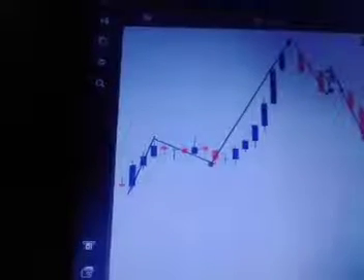And then the market again went up and made a higher high there. Then it made a higher low again, but at this point the market failed to make a higher high, a high which was higher than this high, therefore breaking this trend, and then it went down and became a downtrend.